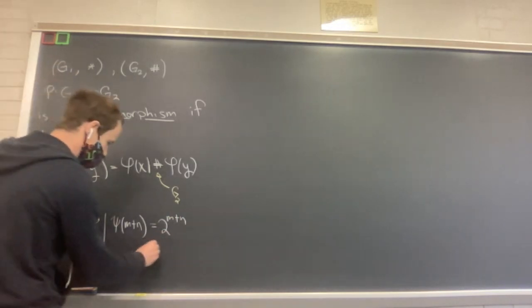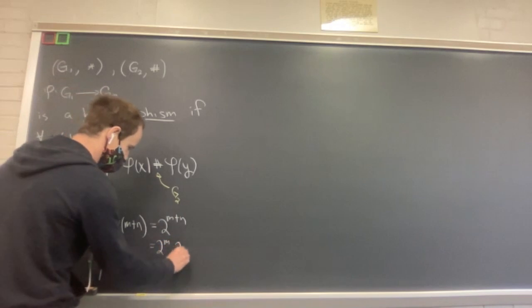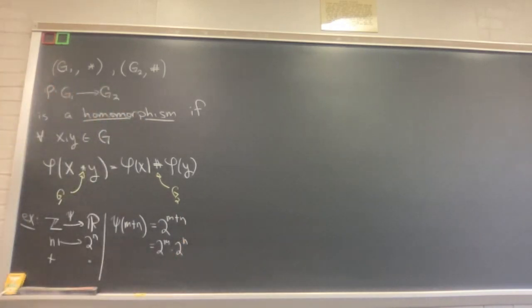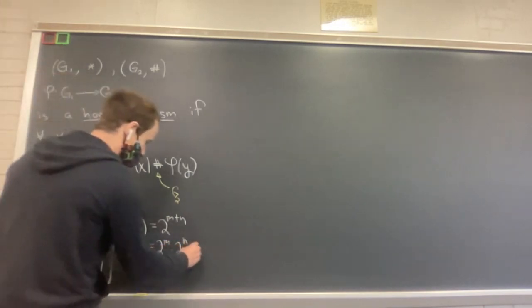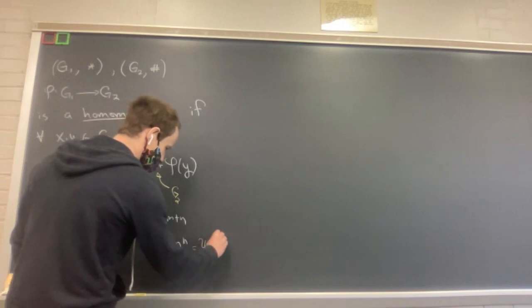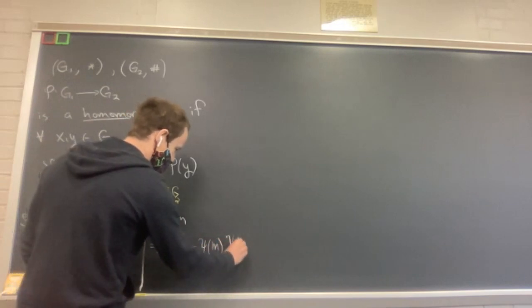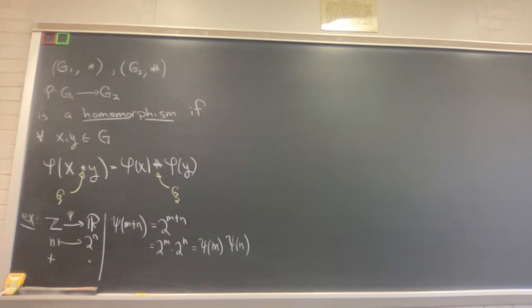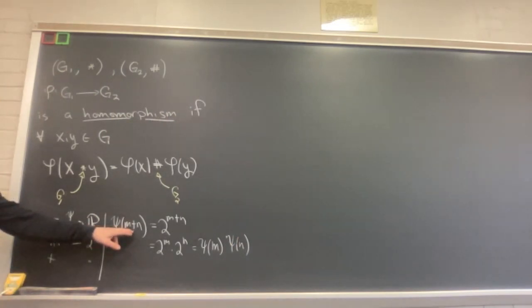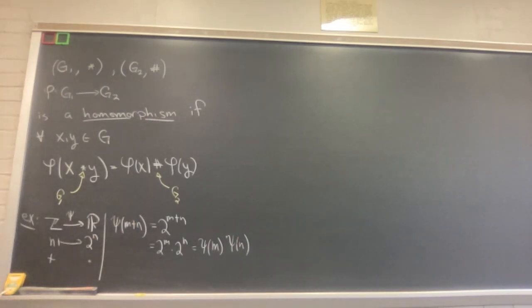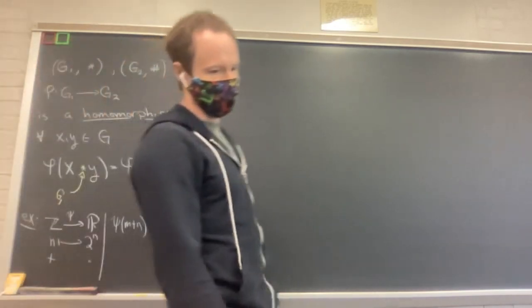That's equal to 2 to the m times 2 to the n by exponent rules. And that's equal to psi of m times psi of n. So we were able to take an addition and turn it into a multiplication. That's what a homomorphism essentially is: taking one sort of operation in one group and turning it into another sort of operation in another group.